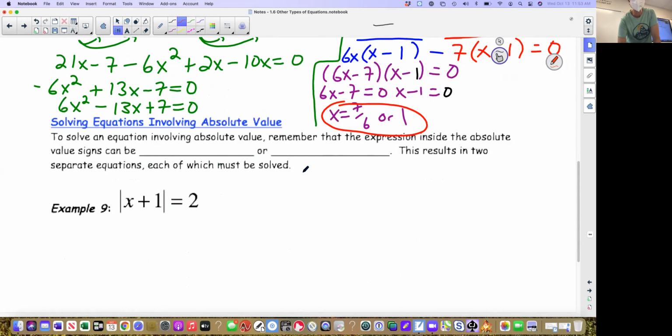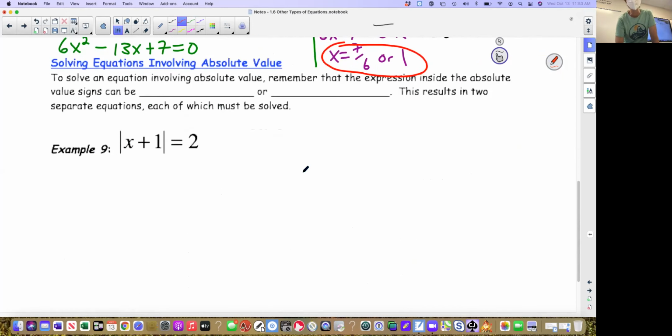So let's go on to absolute value. We've actually been using absolute value when we've been taking square roots and then pulling variables out, but we're going to study it a little more formally now, briefly. To solve an equation involving absolute value, remember that the expression inside the absolute value can be plus or minus, which means every absolute value equation is really two equations in one.